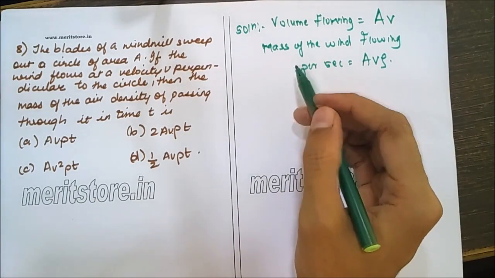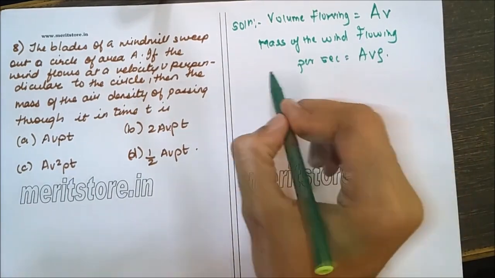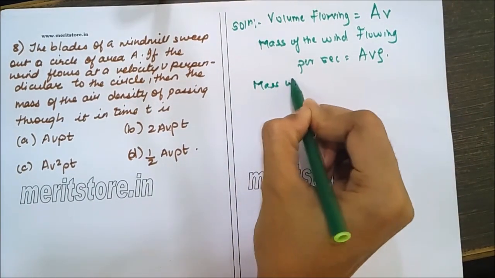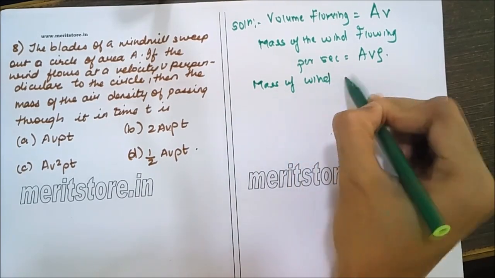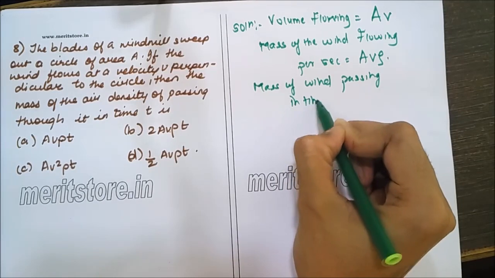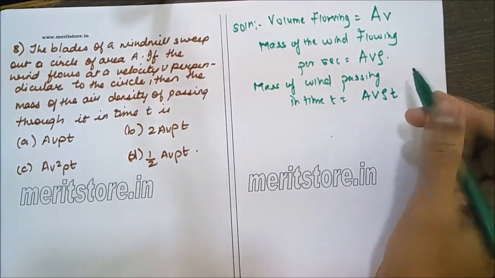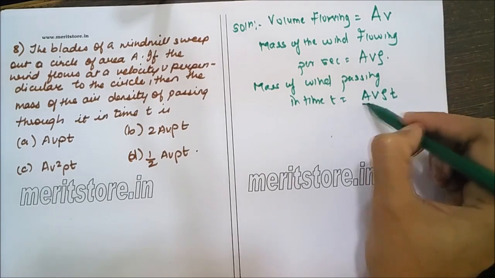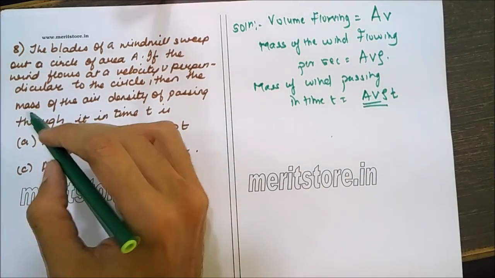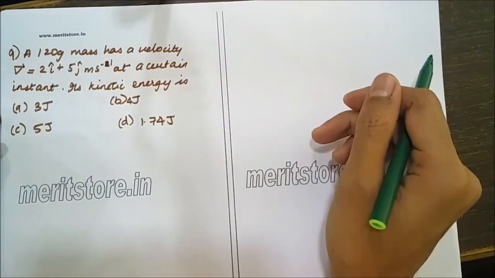Again, the mass of wind passing in time t is equal to area, velocity, density into time t. So we have the equation A V rho t, which is the first option. So option A is the correct option.